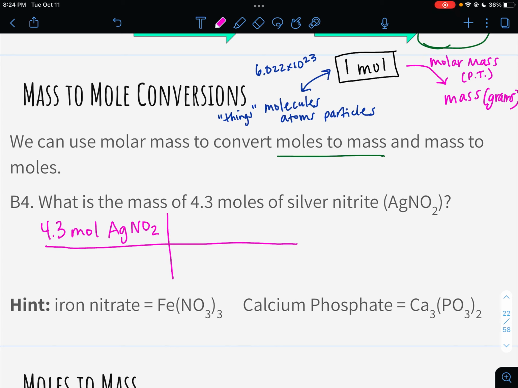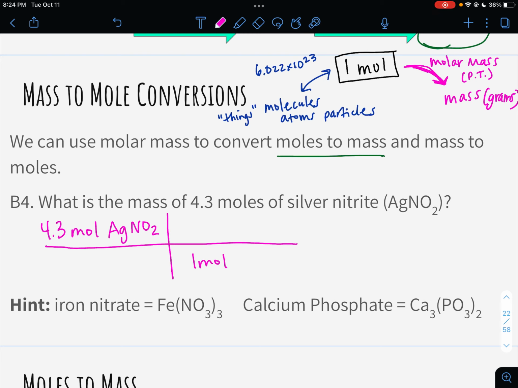Because I have moles on the top, I want moles on the bottom. It is asking us to go to mass. Looking back at our map, if I want to go from moles to mass, all I have to do is look at the periodic table and calculate my molar mass. Fortunately, we already calculated the molar mass of silver nitrite.